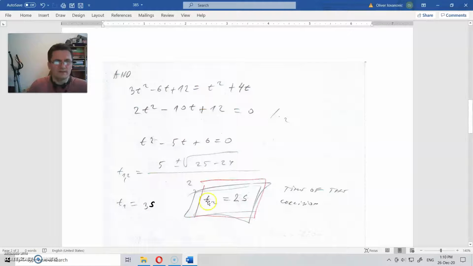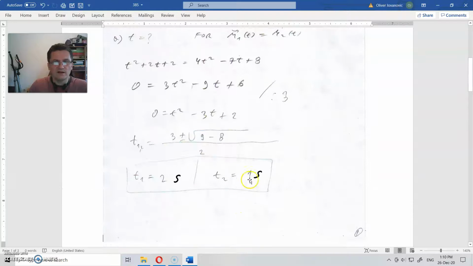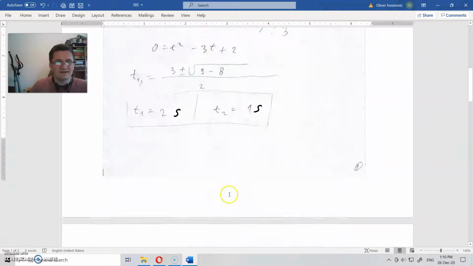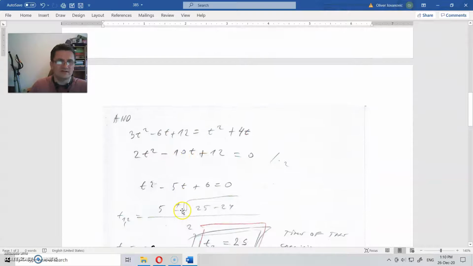And from these two solutions, only this one will be correct. Why? Because there is a 2 second here and a 2 second here. At 1 second, the x components will be the same, but at 1 second, the y component will not be the same.